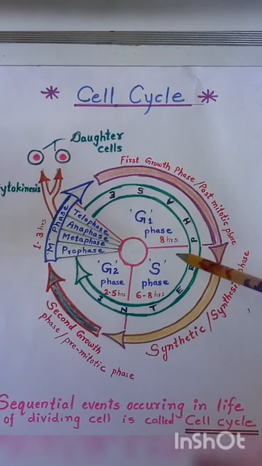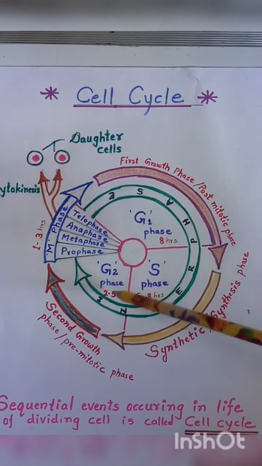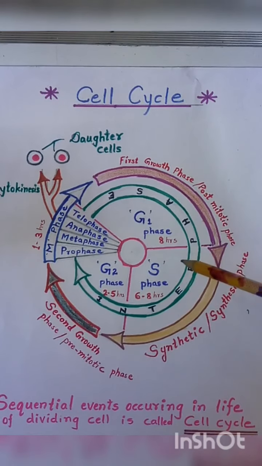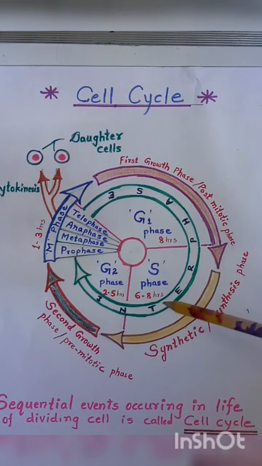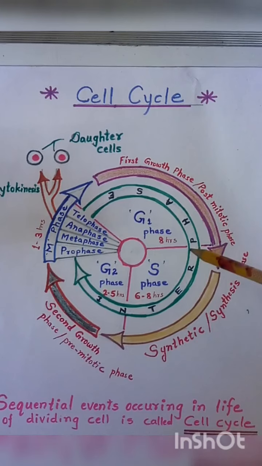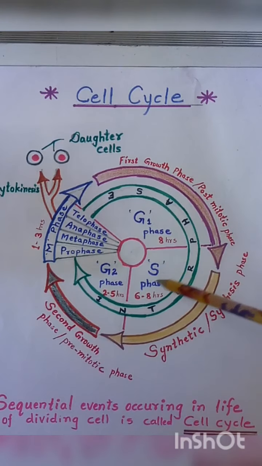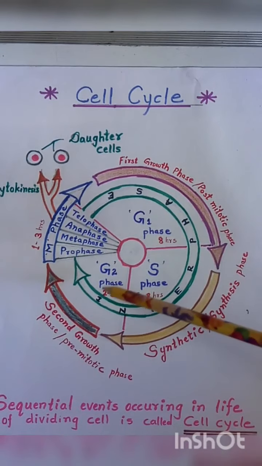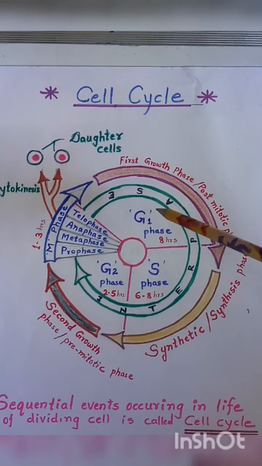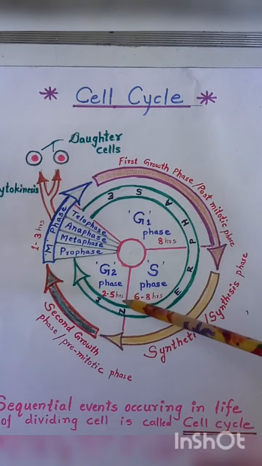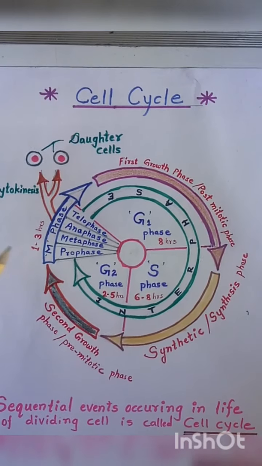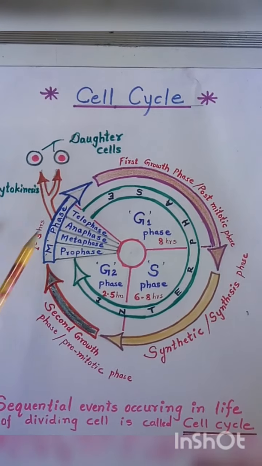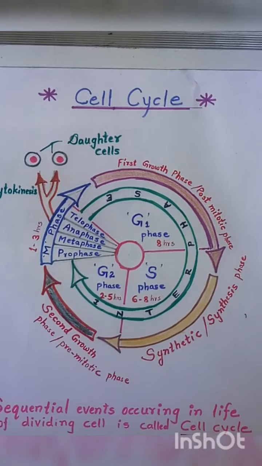The preparations, such as growth of the cell, duplication of cell organelles, and synthesis of substances required for cell division, take place during the interphase. Hence it is the longest phase. And then after interphase comes the next phase, that is M phase. So just have a look at this first.